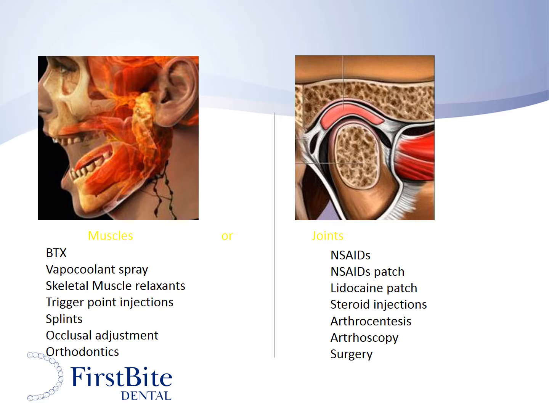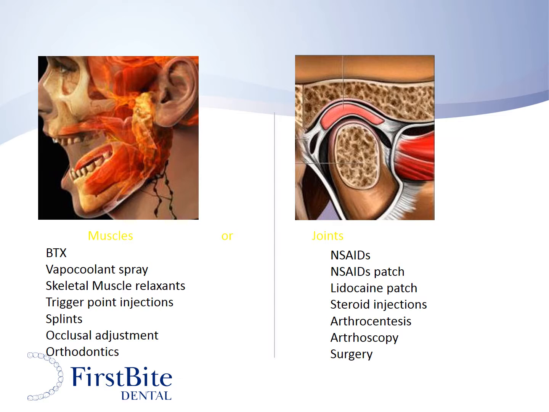You can use coolant sprays, again depending on the problems. You can use medications, skeletal muscle relaxants such as Valium, diazepam or temazepam. Trigger point injections is applying local anesthetic to the acupuncture points.